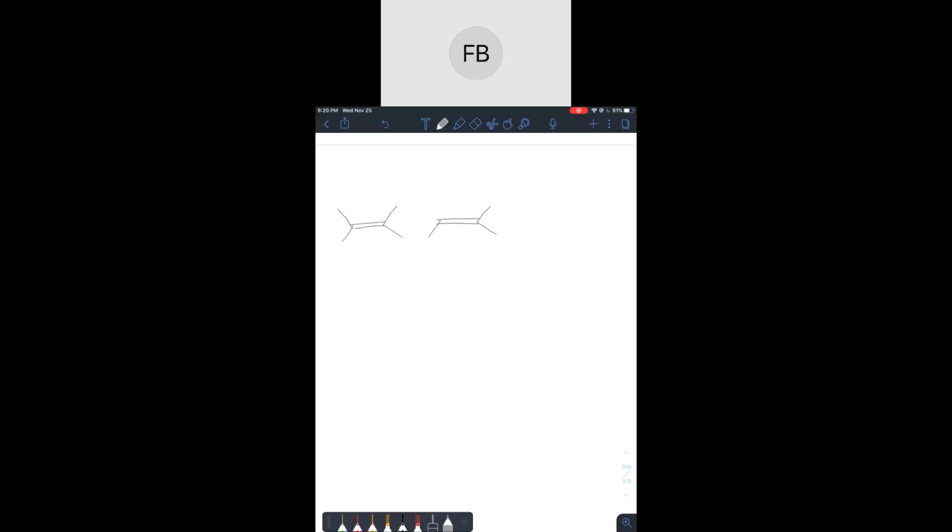But it's just the idea that 4 substituents on a double bond are better than 3 substituents, which is better than just 2 substituents, which is better than just 1 substituent on a double bond. So all you have to do is look at the number of things coming off of the double bond. The maximum is 4. You can have options where there's 3, some options where it's only 2 things coming off, and an option where it's just 1 thing coming off.